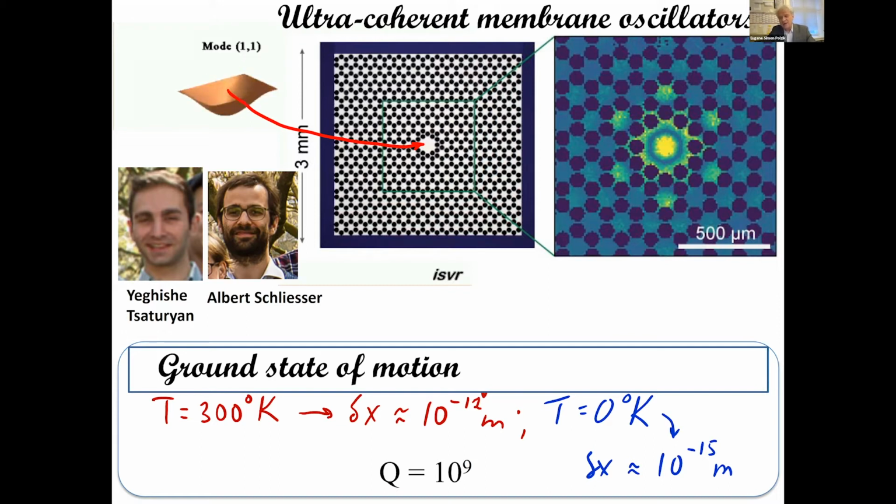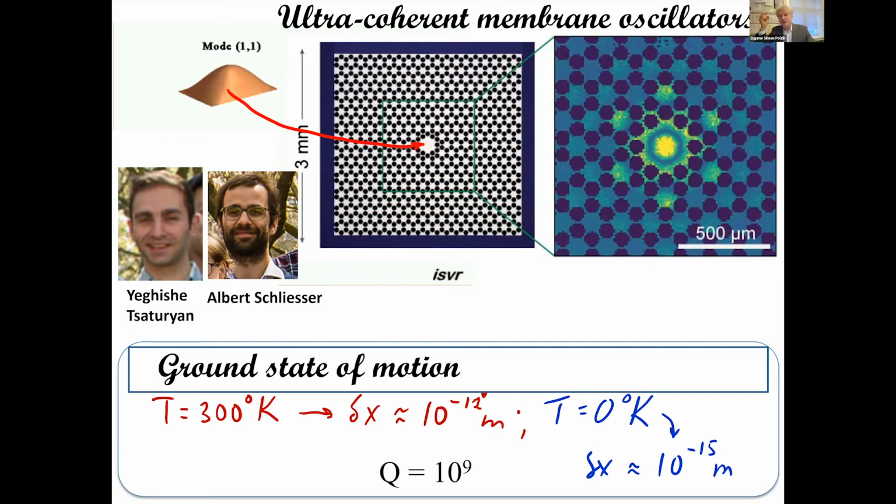That is because otherwise this oscillator will couple to the surroundings and its quantum state will not live for too long, because the quality factor of the oscillator defines how fast this oscillator exchanges energy with the external environment.